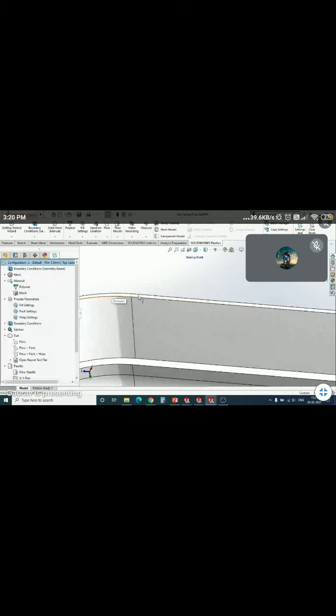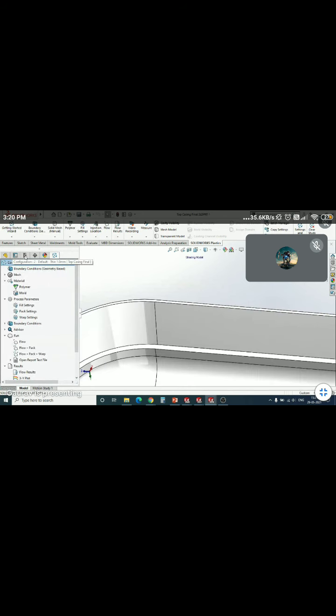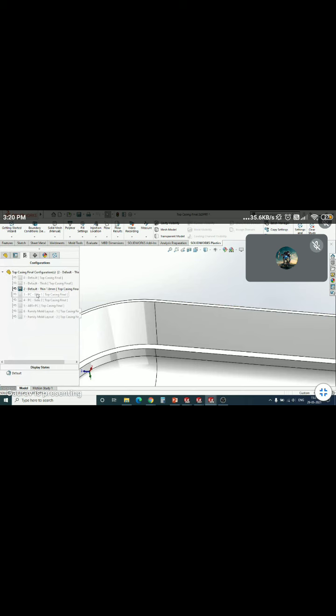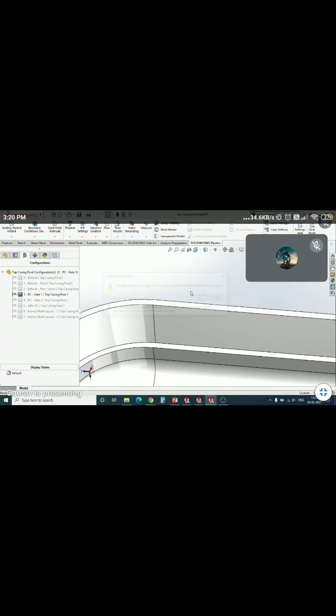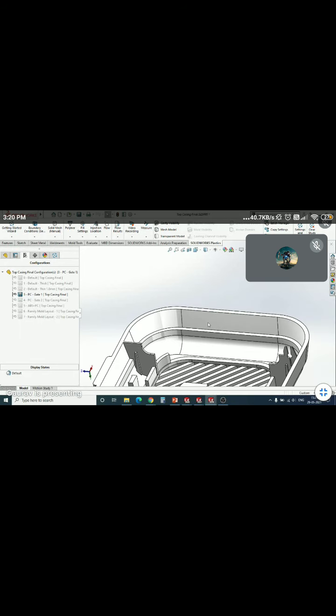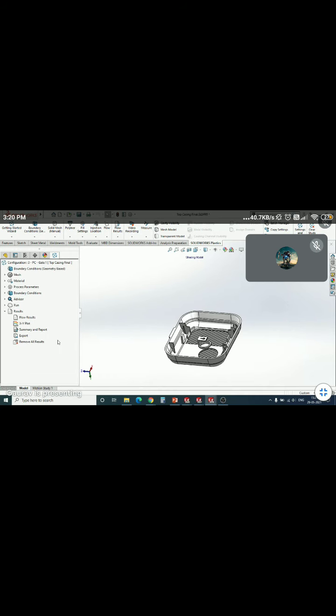If you look closely, you can change the thickness if required, and then check the results. So various plastic defects can be eradicated virtually with the help of SolidWorks Plastics tools.